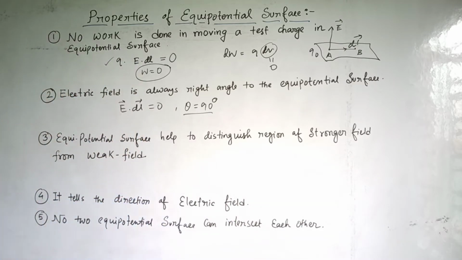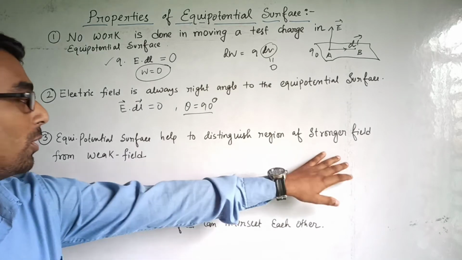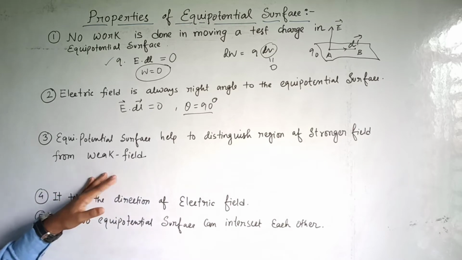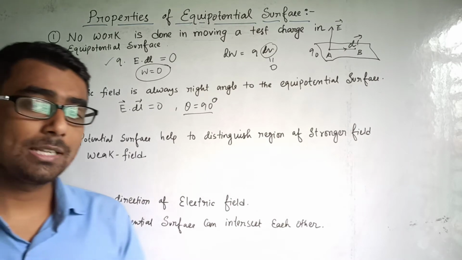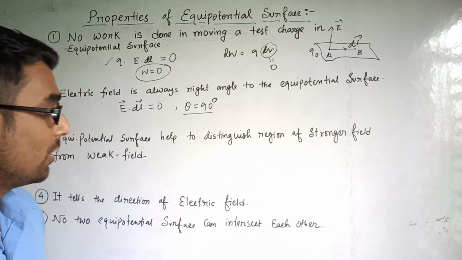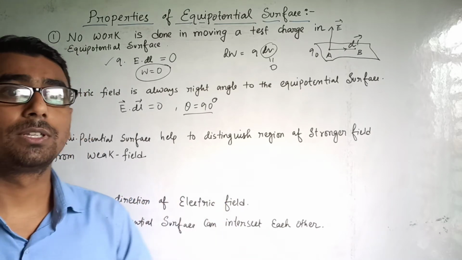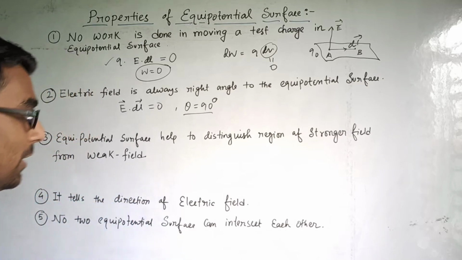So the next point: equipotential surfaces help us to distinguish regions of stronger field from weaker field. They give us the idea of where the field is stronger and where it is weaker.